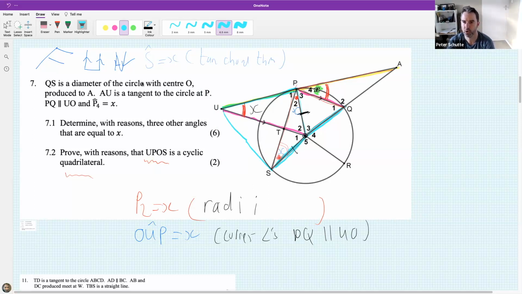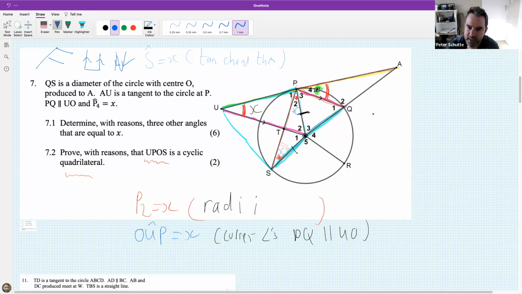From what we thought about earlier in the lesson. Any ideas? Can anyone spot anything? Maybe you want to put your hand up and you can tell me audibly. U equals S. Yep, Ndudu. Yep.